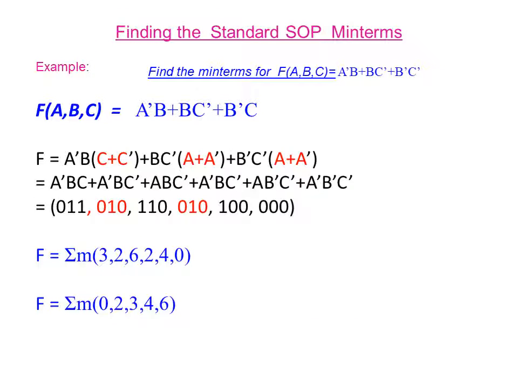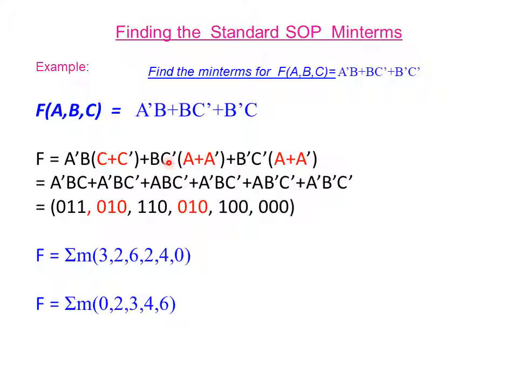And here the question is f is equal to a bar b plus b c bar plus b bar c bar. The given question has three variables, but one variable is missing in each minterm. So in the first step we multiply with the missing terms. Here in a bar b, the missing variable is c, so we multiply with the c variable.